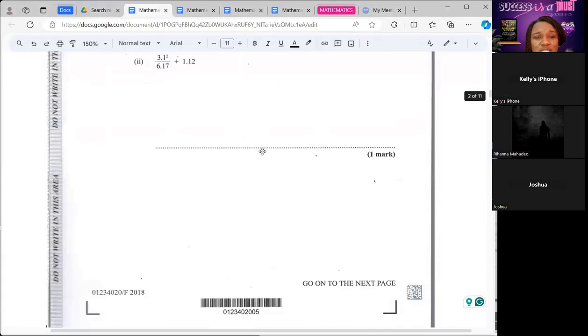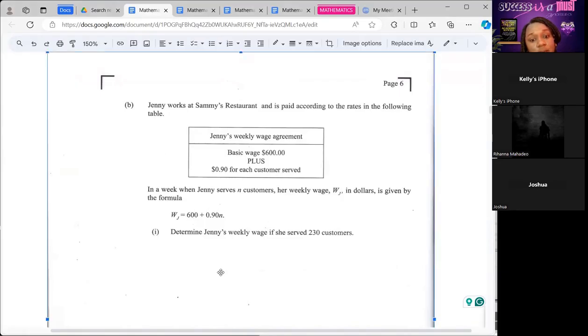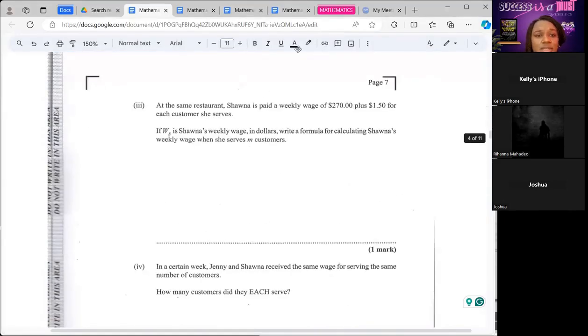So all you have to do is just look at how they created, even if you don't know what to do, look at how they created Jenny's. And then follow the same order, it's not that difficult.